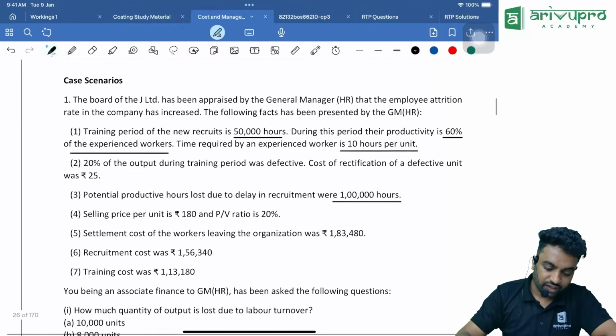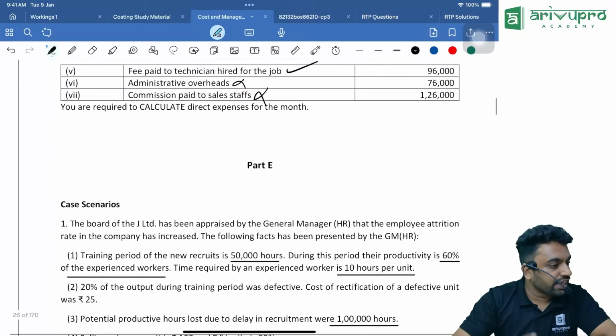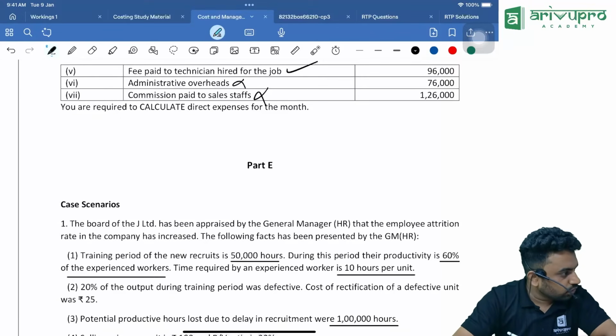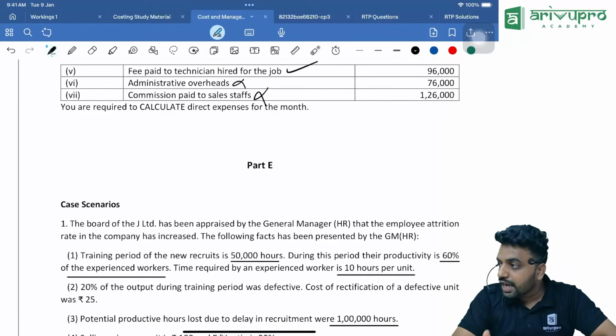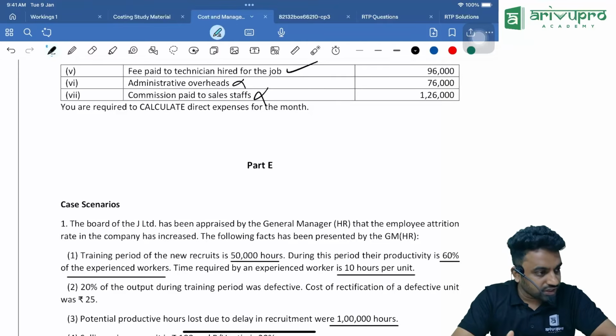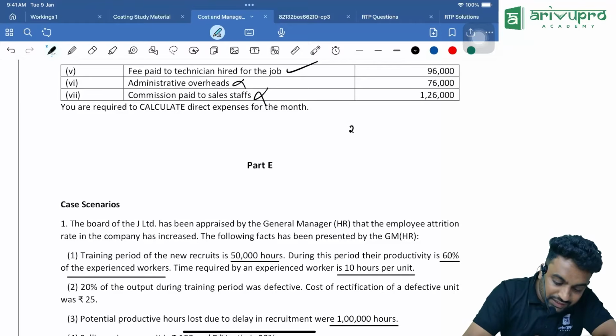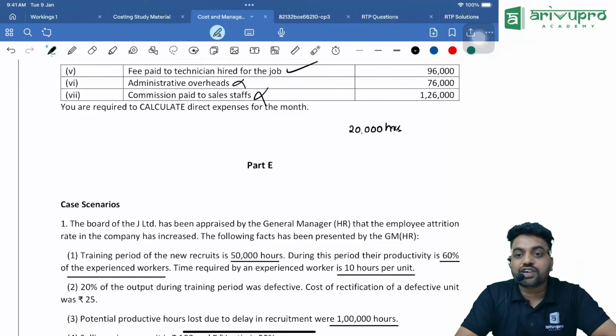Now, guys, due to the training period, although they are working for 50,000 hours, they are producing output equivalent to 30,000 hours, which means that for 20,000 hours, although they are working, it is of no use.